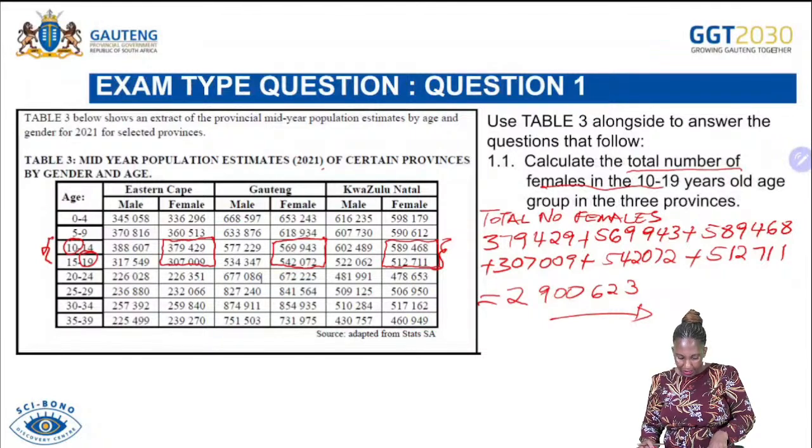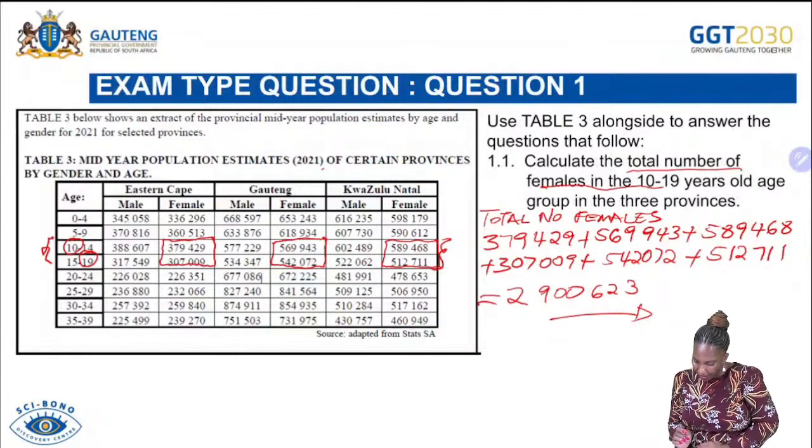So 336,296 plus 360,513 plus 379,429 plus 307,009 plus 226,351 plus 232,066 plus 259,840 plus 239,270. Now my answer is what? This is my answer now.